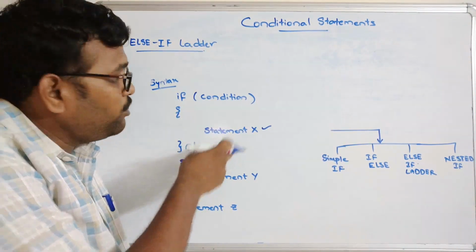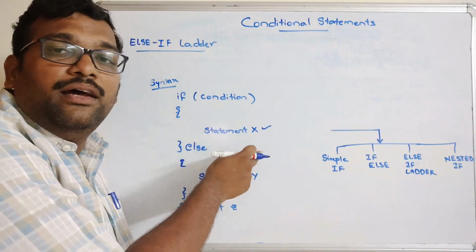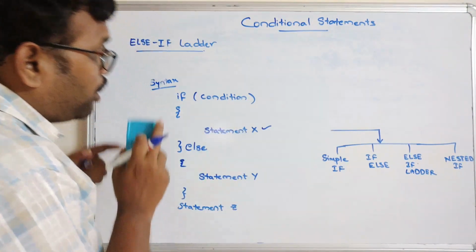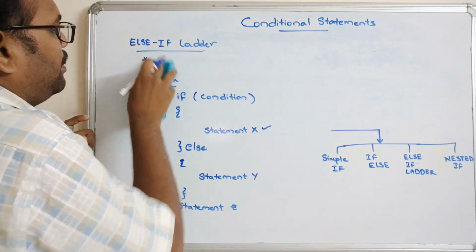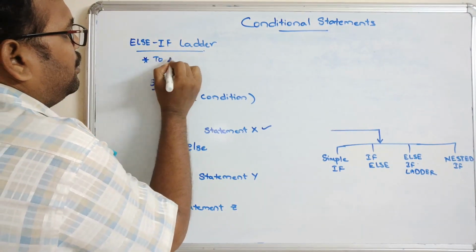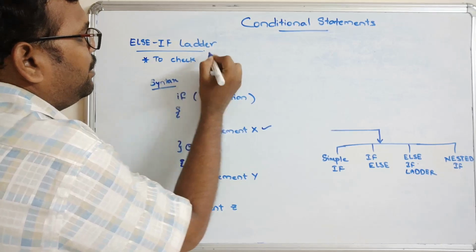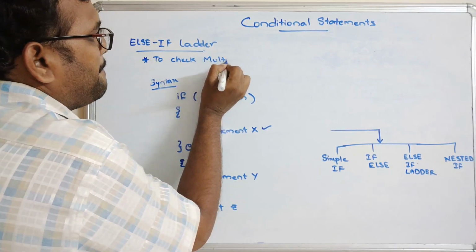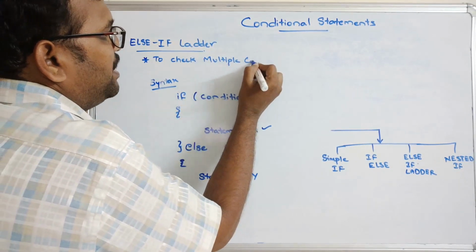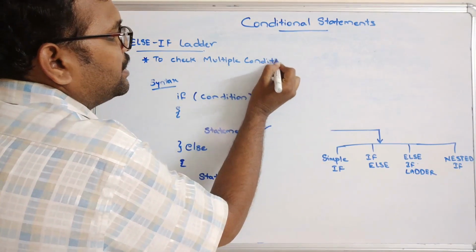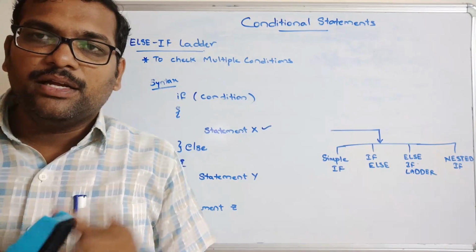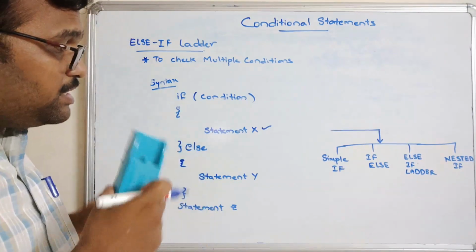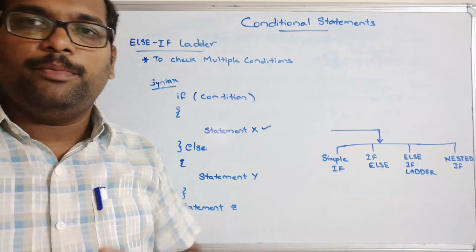That's why we have to include once again if, and we can write the condition. So in order to check multiple conditions, n number of conditions can be written here, any number of conditions. Even though a number of conditions have been written, only one block will get executed.